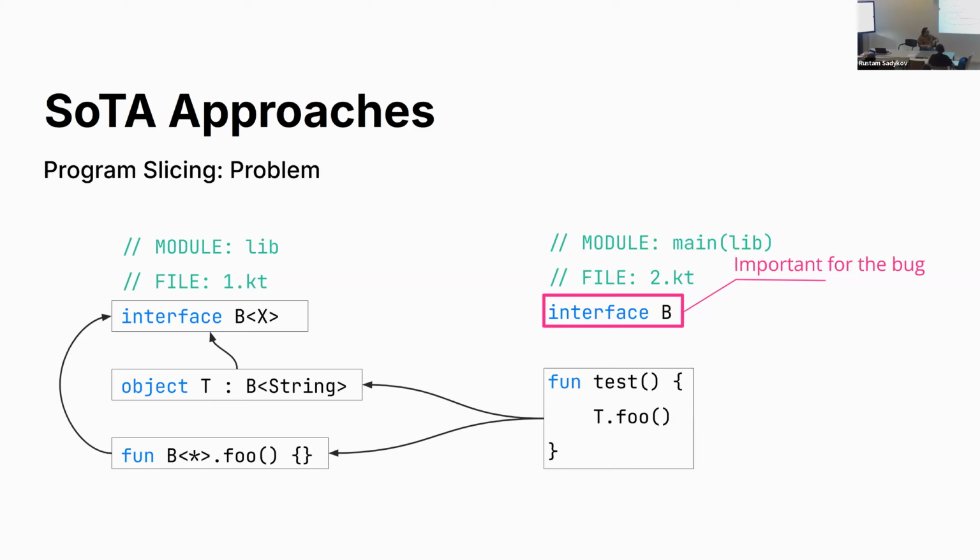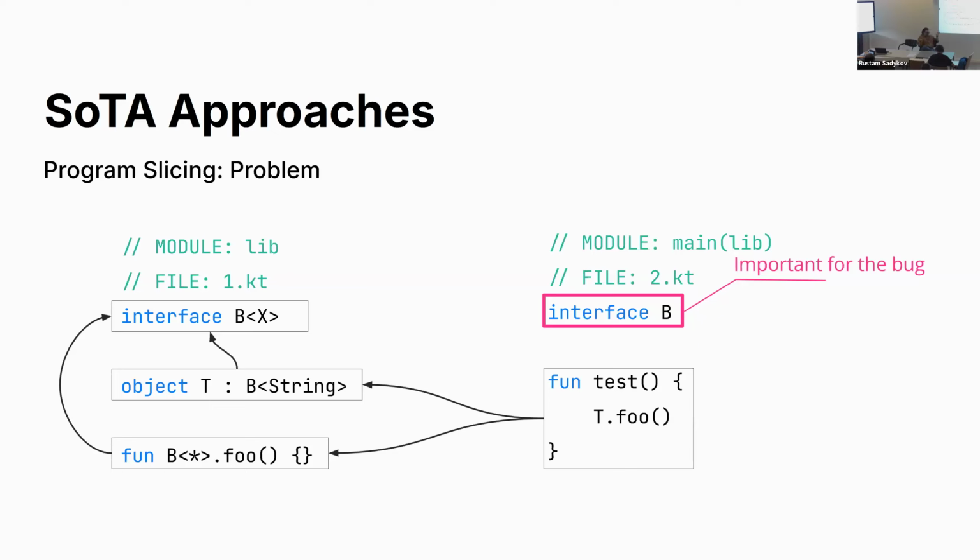And so the compilation error is placed here, but we cannot receive the information that we also need interface B for this error. We could traverse over all dependencies, but we cannot reach interface B, and the same for the module with the test function.